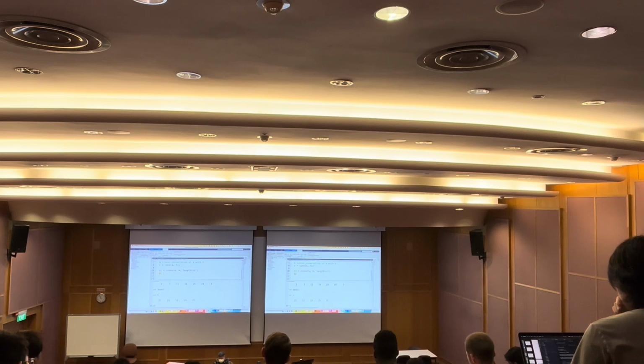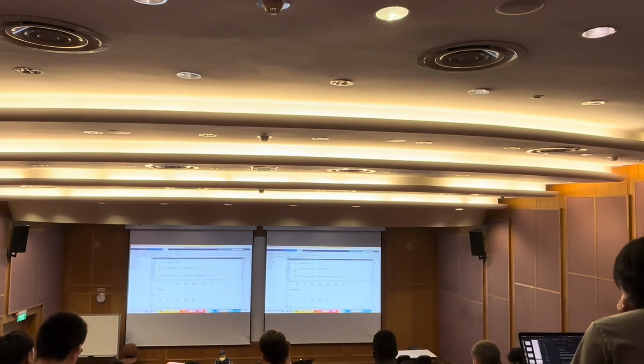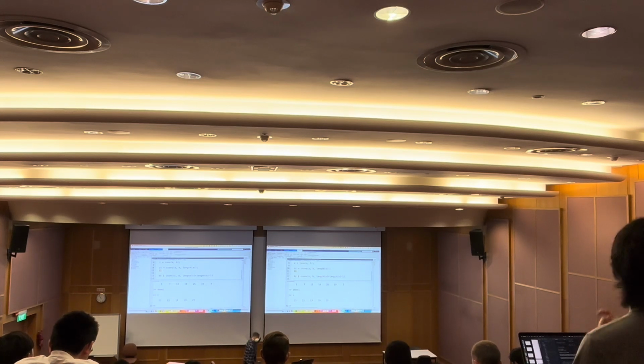So let's say DD is equal to circular convolution of X and H, with a specified length. Now I want to use length of X plus length of H minus 1. So I say I want a circular convolution of 7 points.